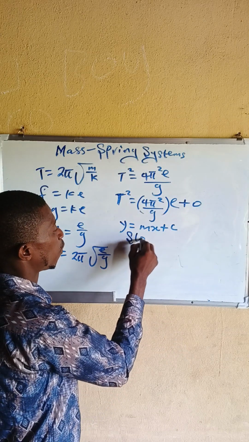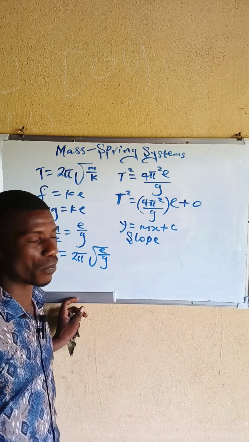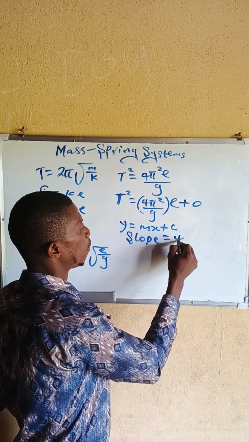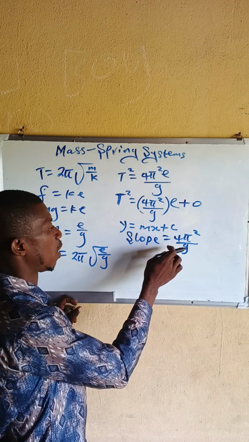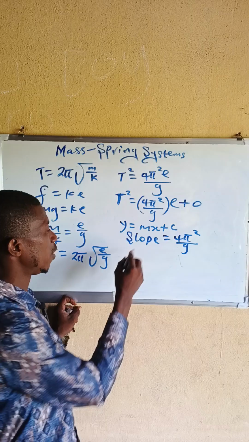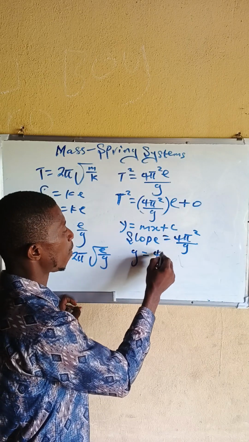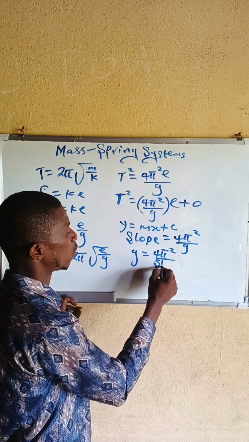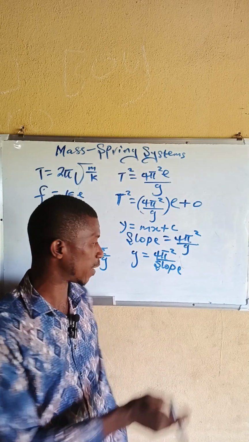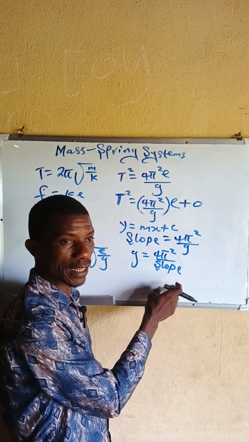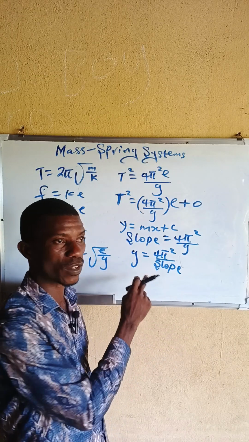So our slope from question 1 is going to be 4 pi square over g. So we make g the subject of the formula. Our g becomes 4 pi square over the slope. So the slope from your graph, from your experiment, 4 pi square divided by that slope will give you the acceleration due to gravity.